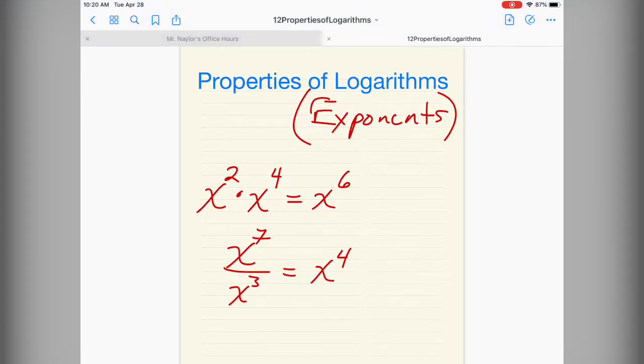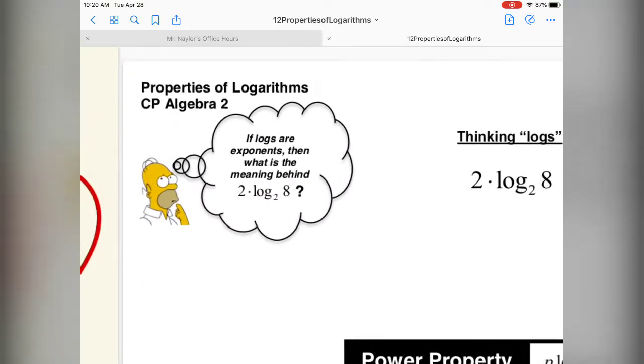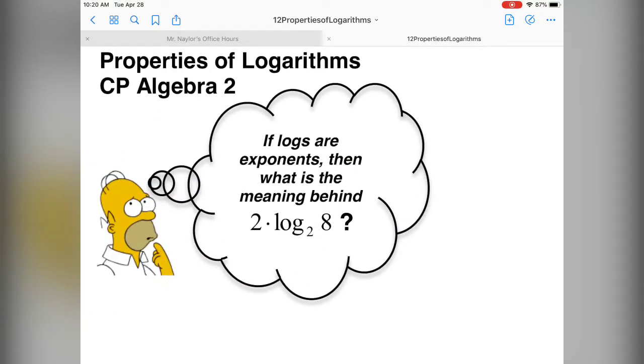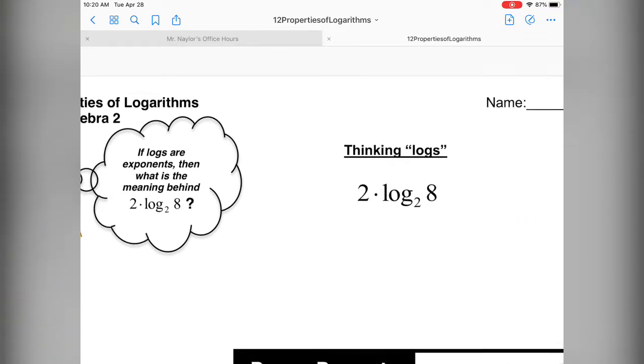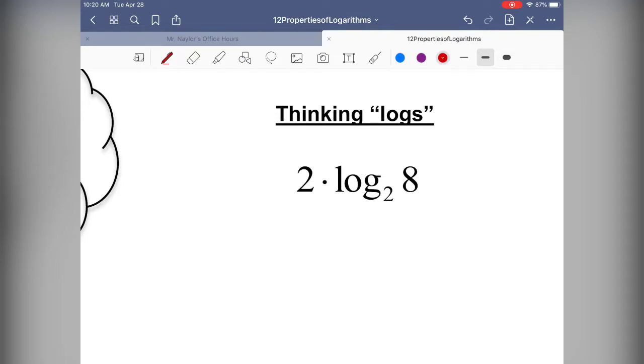So take a look at your guided notes paper to help us think about some properties. Before I even show you, we have a problem that's kind of interesting: 2 times the log base 2 of 8. Now, if we were going to do this problem by thinking like a log, you would simply ask yourself, what is the log base 2 of 8?